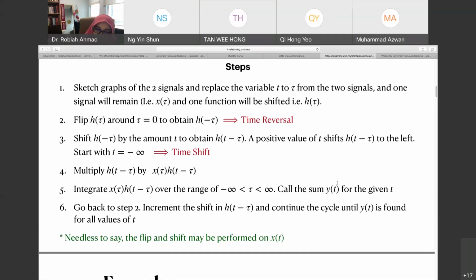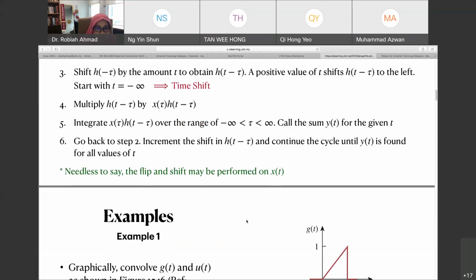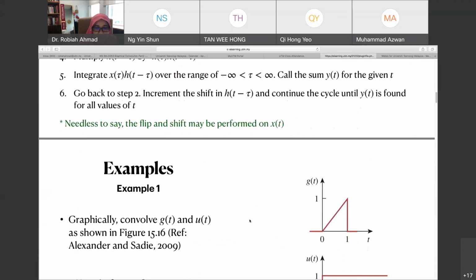The total integration is y(t), and then we go back and so on until we have the overall total area. Okay, so let us look into one example.